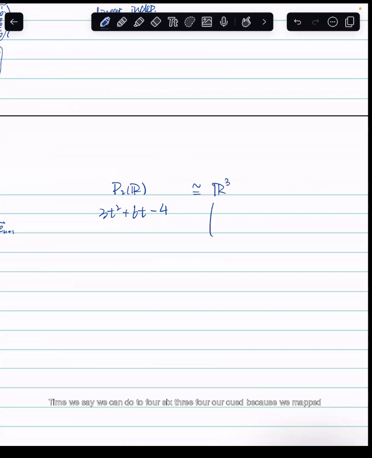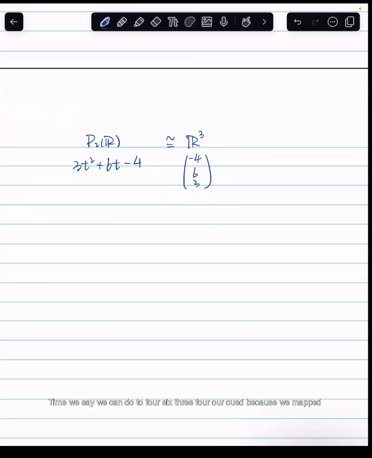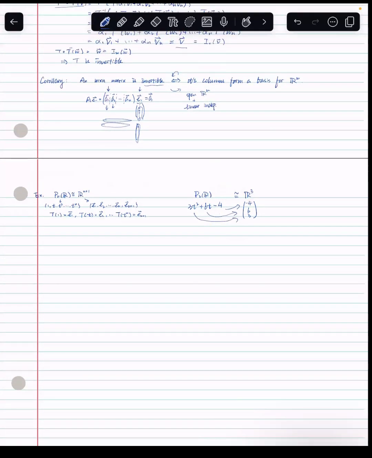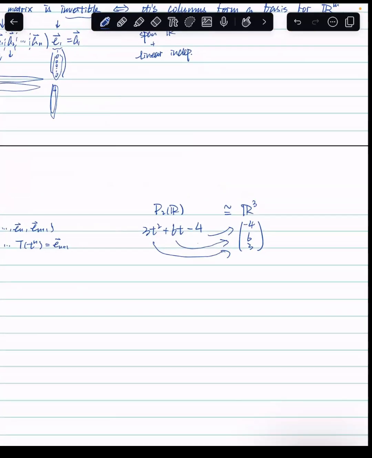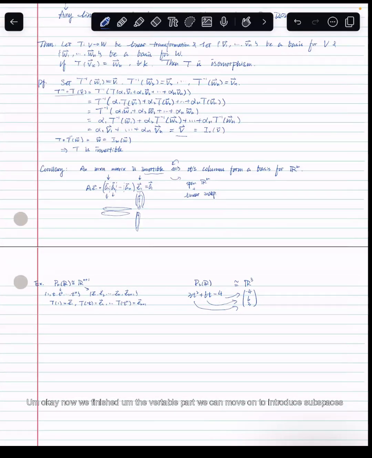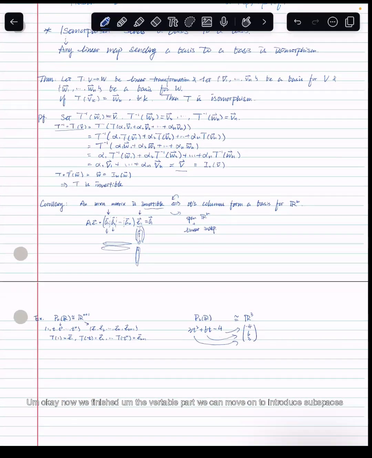And last time we said we can do -4, 6, 3 for R cubed, because we mapped 1 to E1, t to E2, and t squared to E3. Okay, now we finished the invertible part.